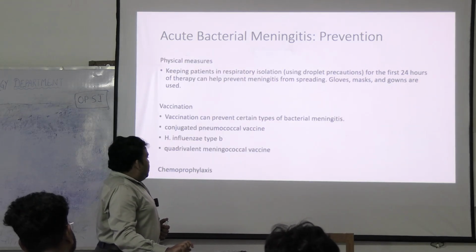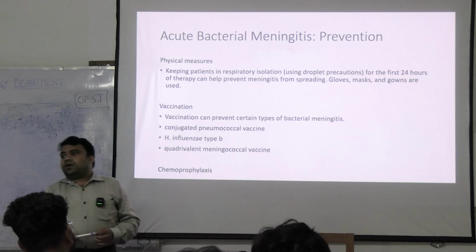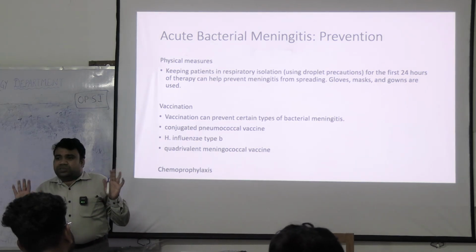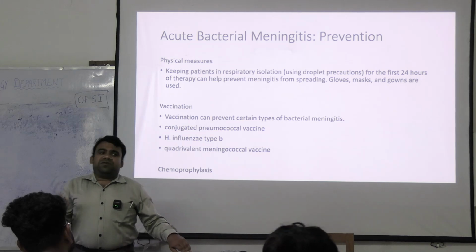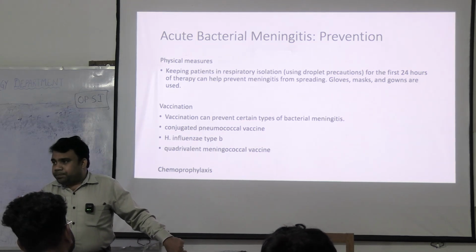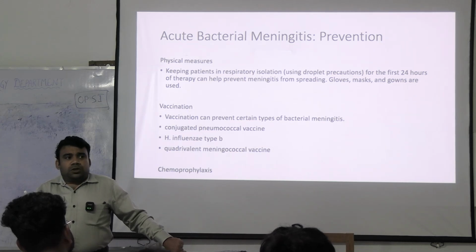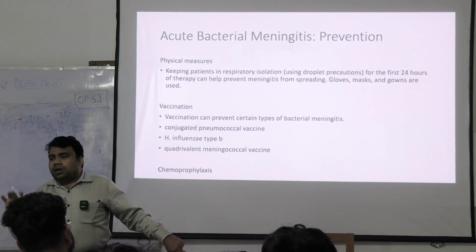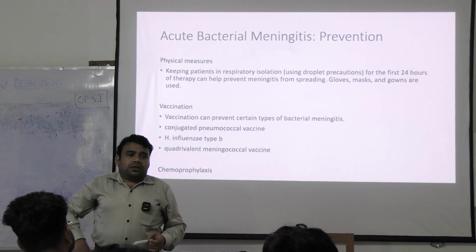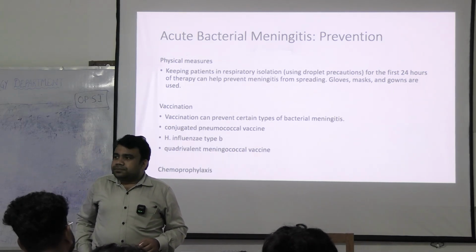Now, how to prevent? If the question comes, how will you prevent meningitis? You have to look at the specific age group, right? Now, what is the most important predisposing factor in case of infants and neonates?